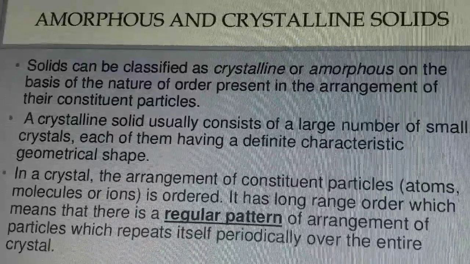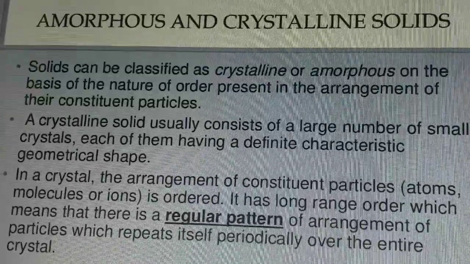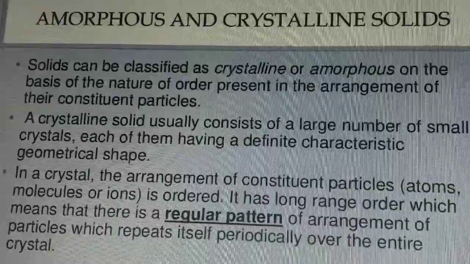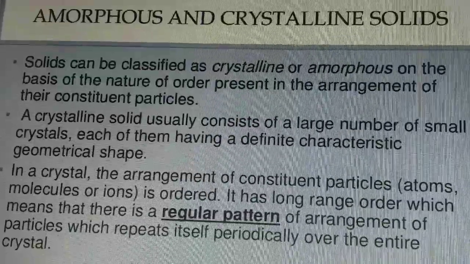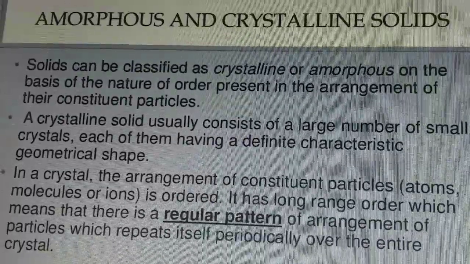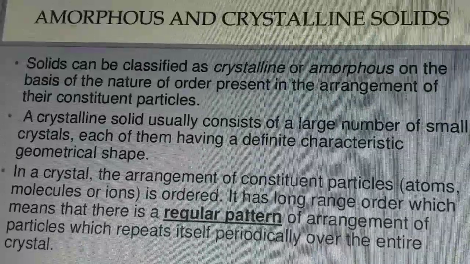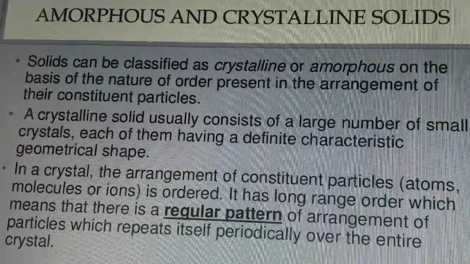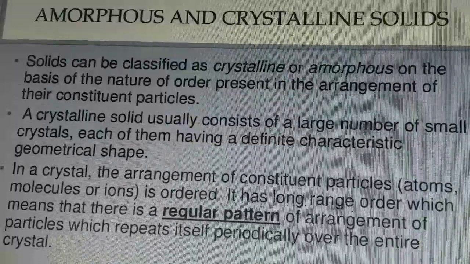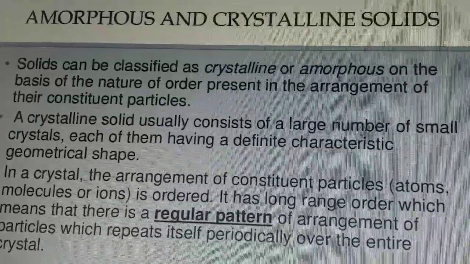So crystal means they have definite geometry, definite shape. And this year also you are going to prepare the crystalline solid ferrous ammonium sulfate, which is also called Mohr's salt. Now we discuss here the crystalline and amorphous.